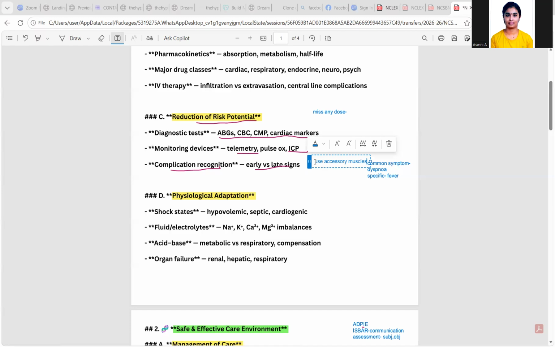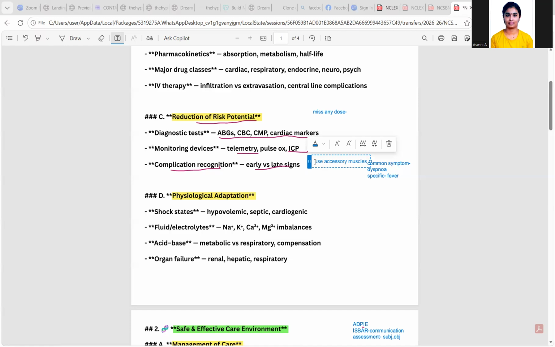So how can we identify the complication in early stage? A saturation fall and sudden deteriorating vital signs are early signs, and if the client is using the accessory muscles, that is the late sign, indicating the client is going into a worsening situation. This is the area we are focusing on, the reduction of risk potential.